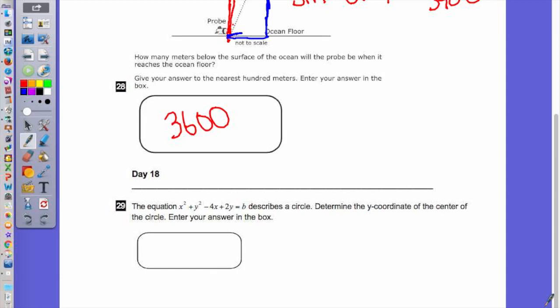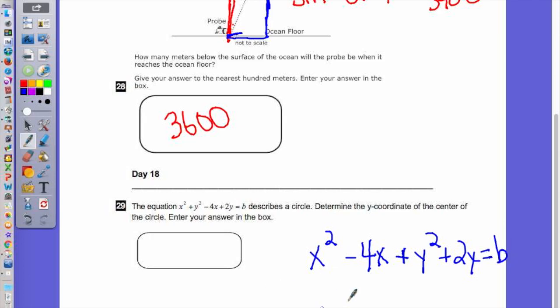So I need to be able to complete the square. So I'm going to move these around. The x squared minus the 4x, those terms go together, right? Y squared plus 2y equals b. Now, all they really want to know here is the y coordinate.